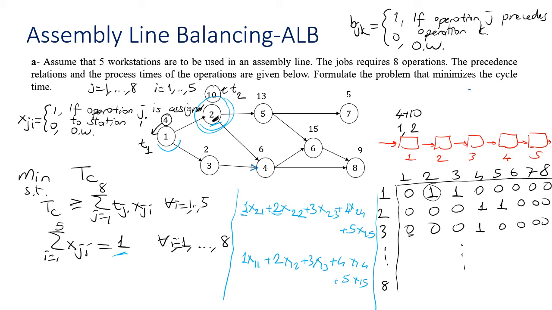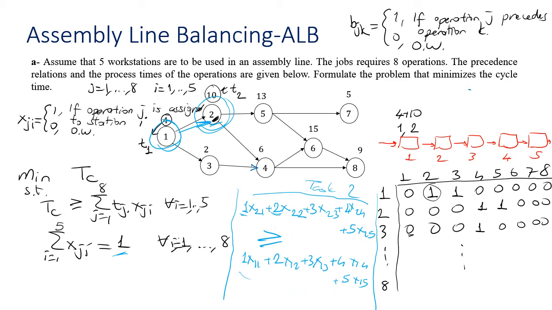Okay, so this is for task 2, and this is for task 1. And what is the relation? Task 1 precedes task 2. So it means that the station number of task 2 must be greater than or equal to the station number of task 1. That's it.